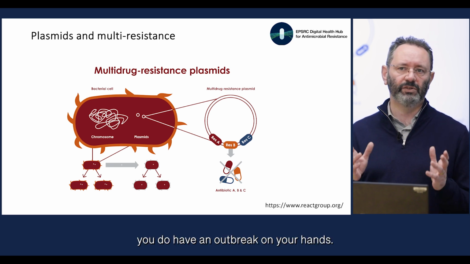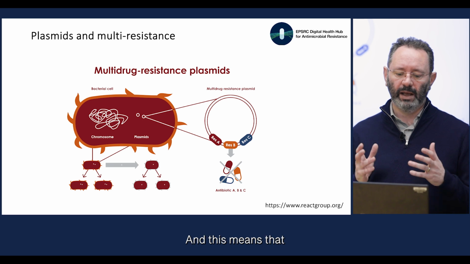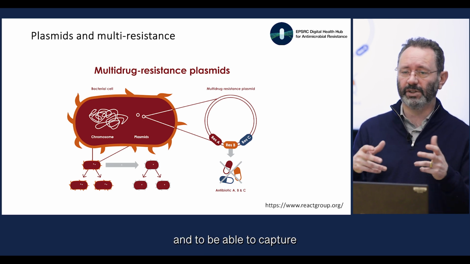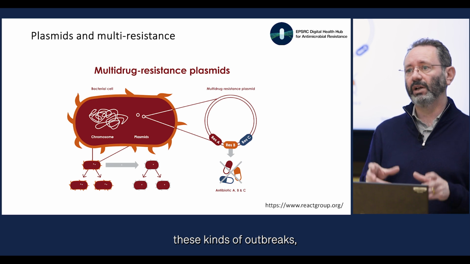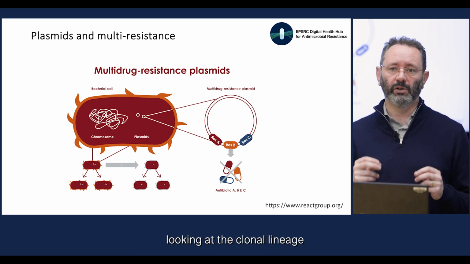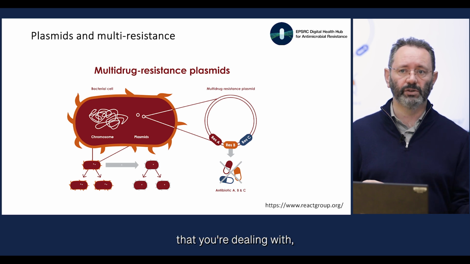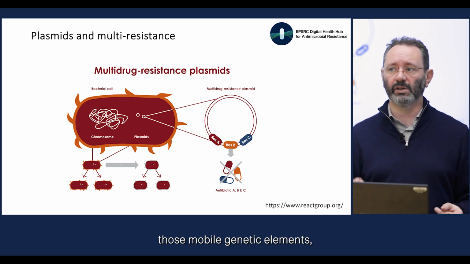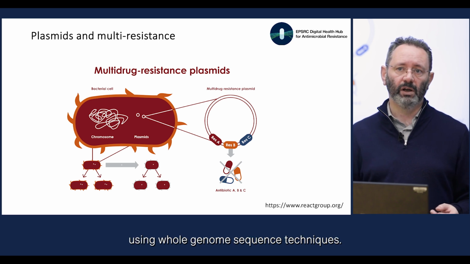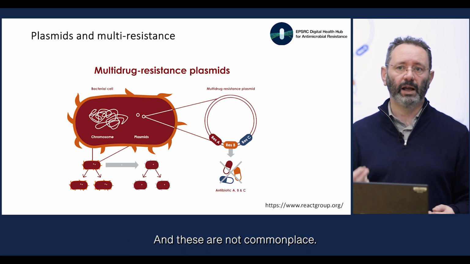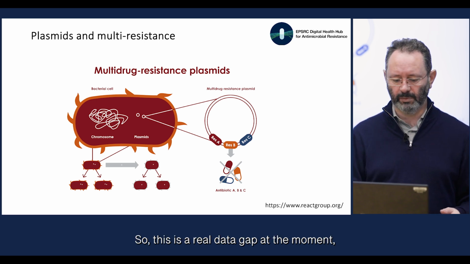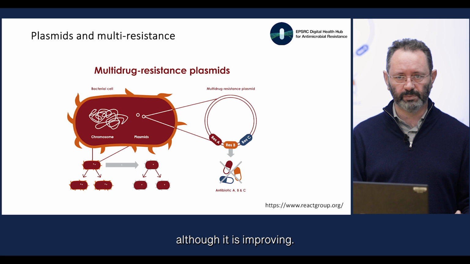So in actual fact, you do have an outbreak on your hands. And this means that to get this level of granulation and to be able to capture these kinds of outbreaks, you need very detailed molecular work that is not only looking at the clonal lineage that you're dealing with, but also characterizing those mobile genetic elements. And that invariably relies on you using whole genome sequence techniques. And these are not commonplace. So this is a real data gap at the moment, although it is improving.